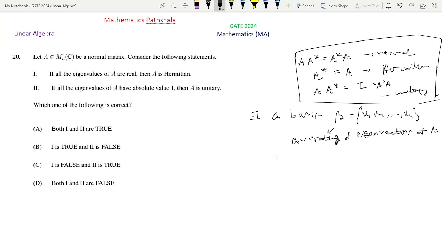And we have to now prove that A is Hermitian. That is, we have to prove A star equal to A. That is, to prove A star x equal to Ax for all x belonging to C^n.